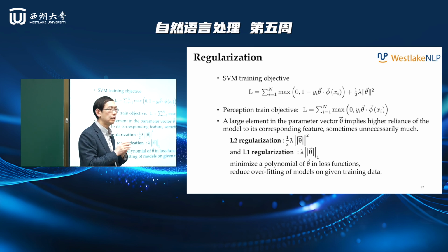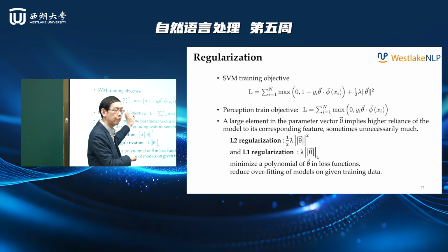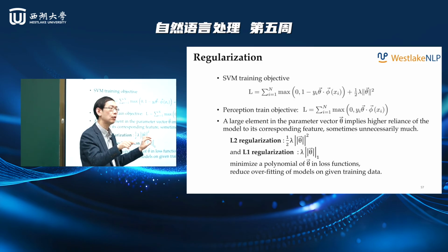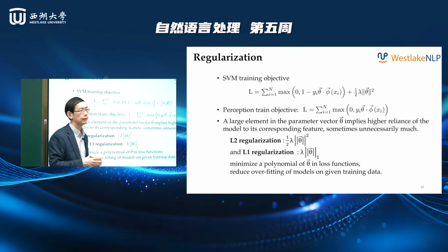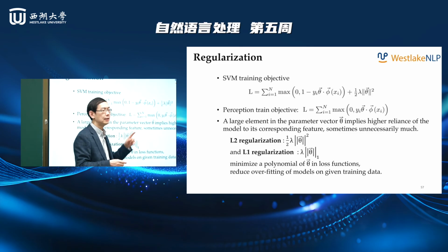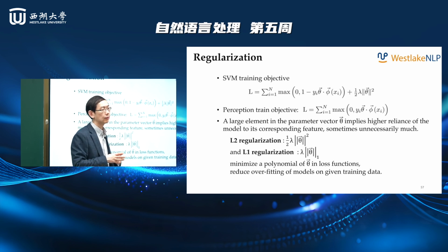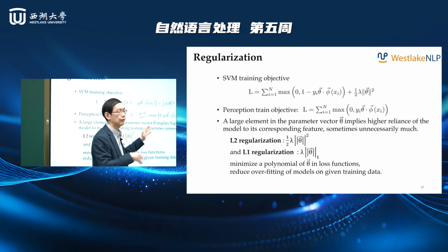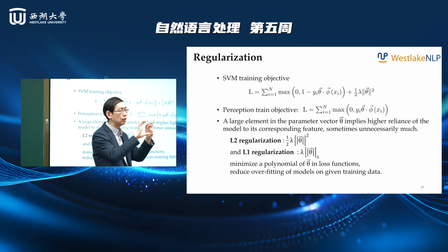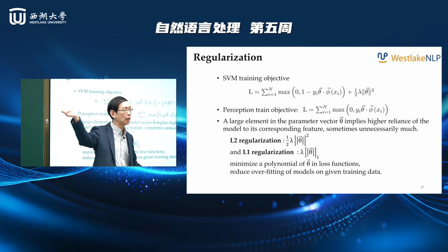Because an outstanding value in theta will mean that your model will overly rely on one feature, right? If theta has a very high value in one element, then the corresponding feature will almost determine your class label. You don't want that. That easily leads to overfitting of your training data because we are not sure that any feature will generalize to all data. So minimizing a half of theta square tries to regularize your theta a little bit, to reduce the chance of any element being large.